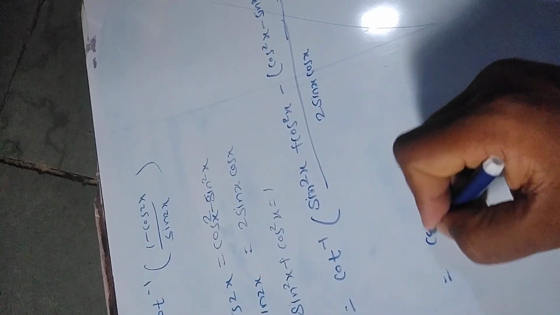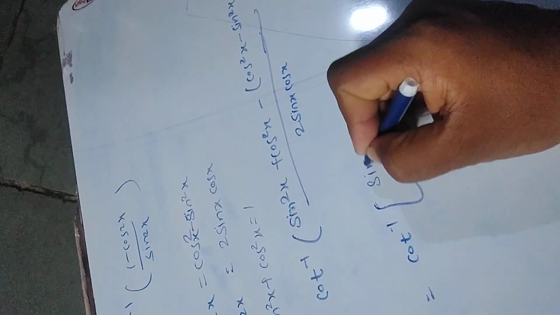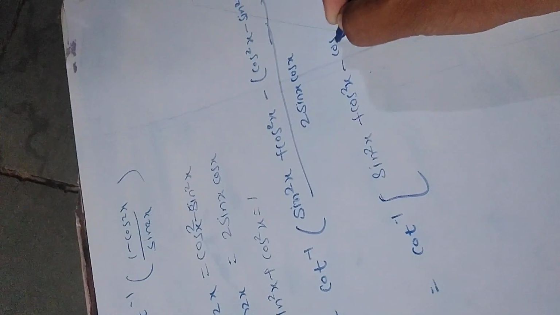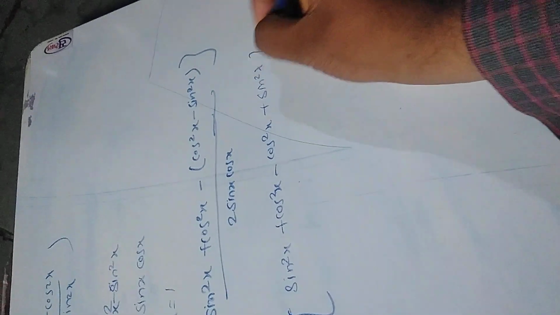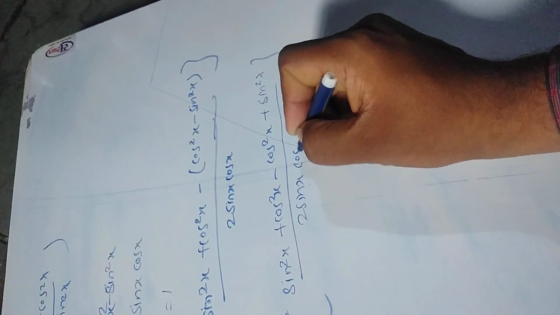So y is equal to cot inverse of sin square x plus cos square x minus cos square x, minus minus will become plus, so plus sin square x upon 2 sin x into cos x.